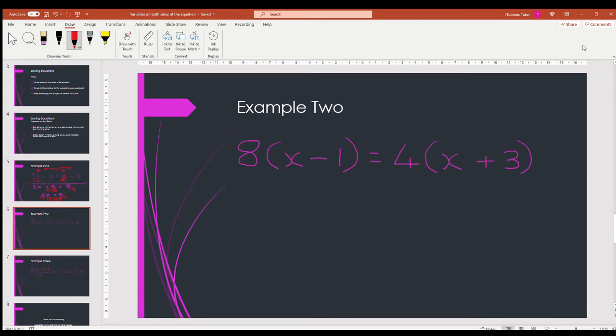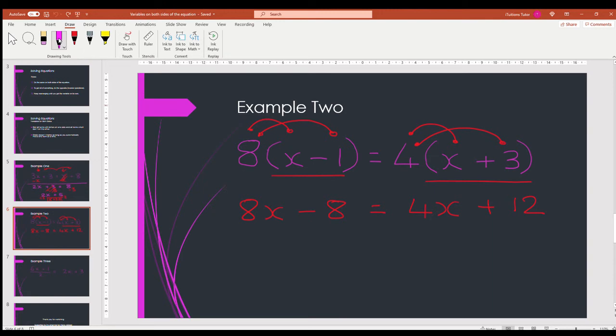Let's have a go at this one. But before we can start solving this equation, we must expand these two single brackets. 8 multiplied by x gives us 8x. 8 multiplied by negative 1 gives us negative 8, which is equal to 4 multiplied by x, which gives us 4x. 4 multiplied by 3 gives us 12.